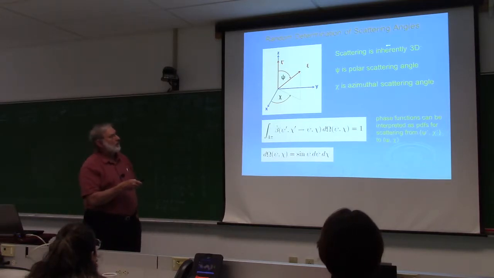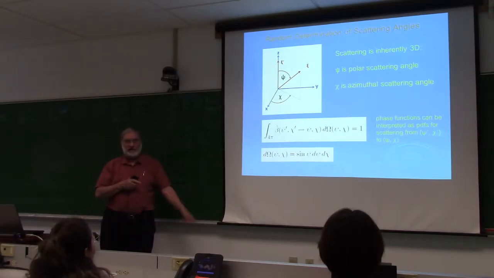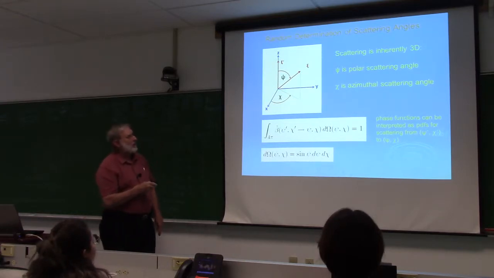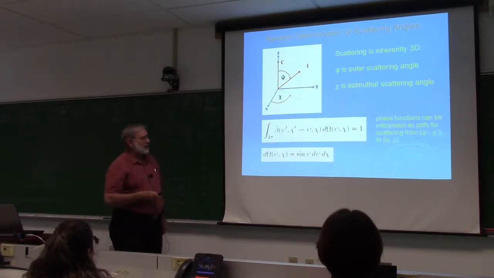Well, scattering's inherently three-dimensional, so we've been assuming that it's isotropically symmetric, so it only depends on the polar angle. But in reality, it is all going off in some azimuthal direction, so I'm going to have to account for that. Psi is the polar scattering angle, and chi is the azimuthal scattering angle that we'll have to determine, each one randomly, in order to decide where the light goes.